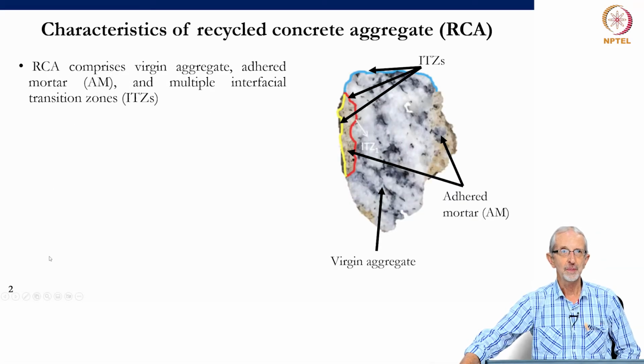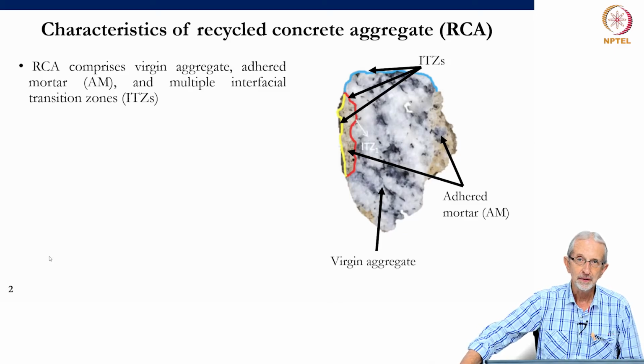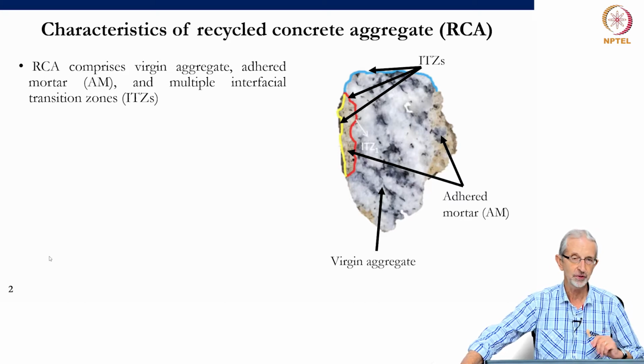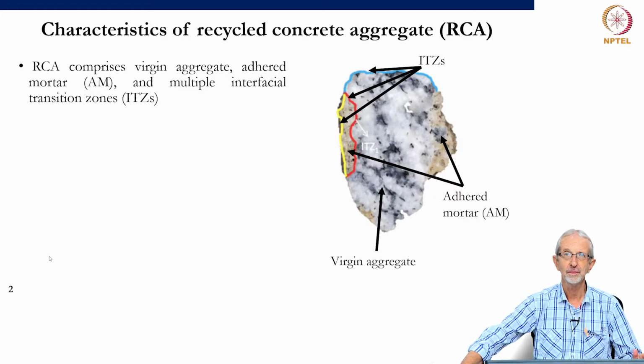So let's start off by thinking about what RCA, recycled concrete aggregate, is all about. And this diagram shows us that RCA comprises virgin aggregate, a material that we call adhered mortar, sometimes called adhered paste or AM, and multiple interfacial transition zones.